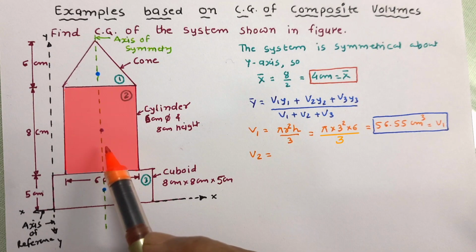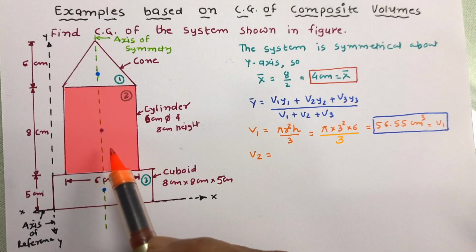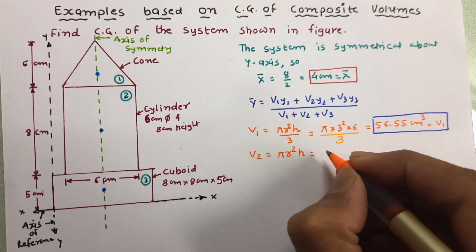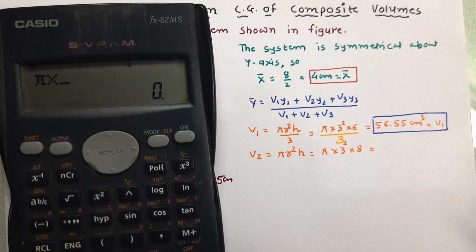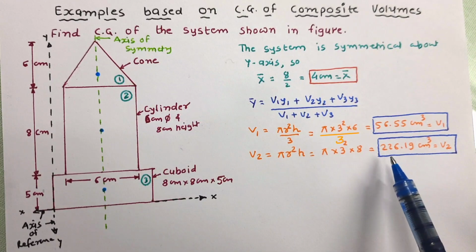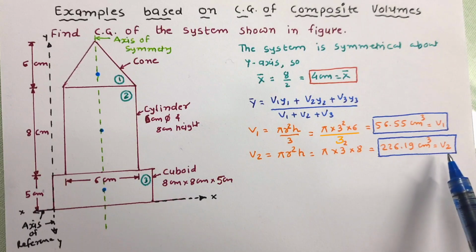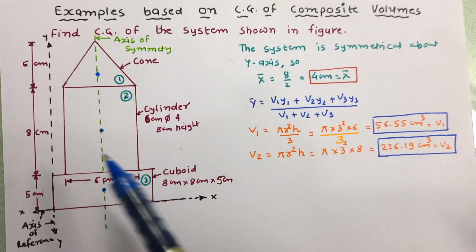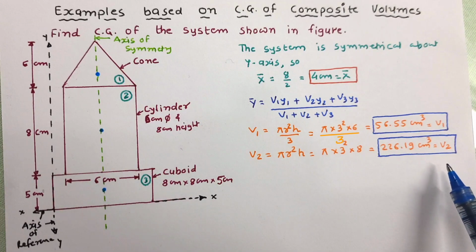The second object is cylinder, and we know the volume of cylinder is pi r square h. So V2 is equal to 226.19 cm cube. The value of r, that is 3, and height h has been equated.